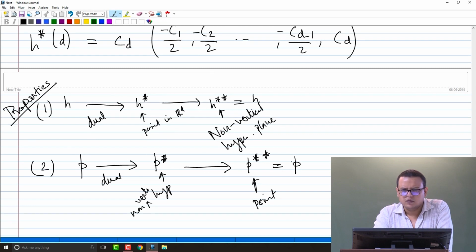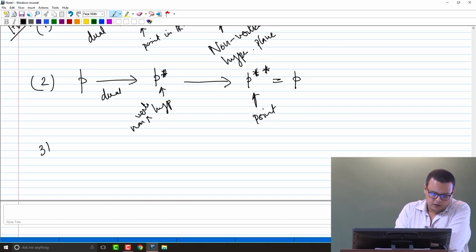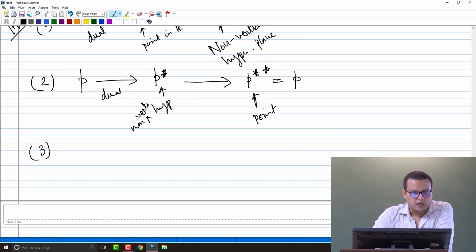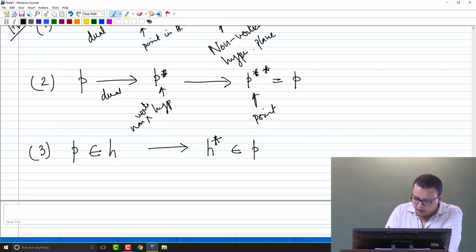It is P. Verify this equation; this is the way we have defined it. It works out like this. Good. Something even more interesting happens: let us say P belongs to H. Then H star belongs to P star.